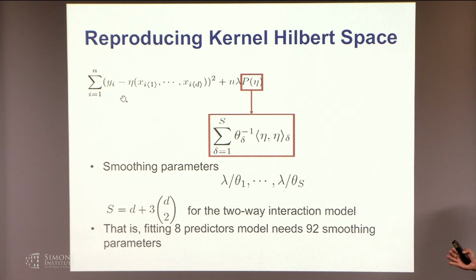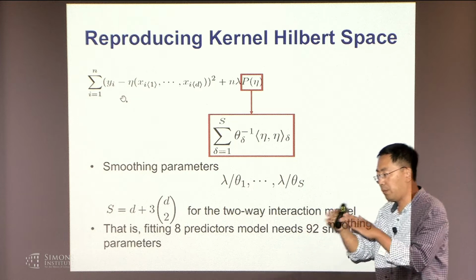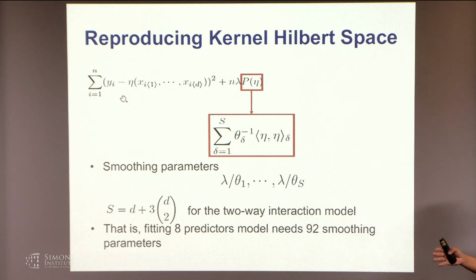The essential idea is very simple. For each of these features, in its domain, we construct a reproducing kernel Hilbert space, and then we take a tensor product, putting them together to construct the bigger reproducing kernel Hilbert space.